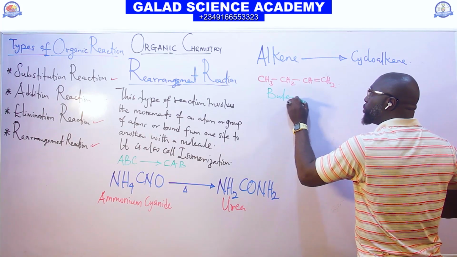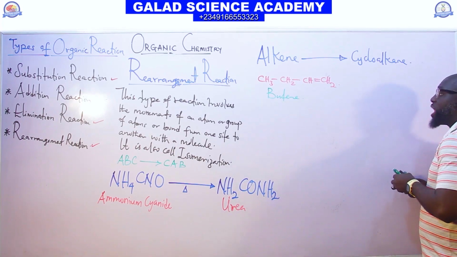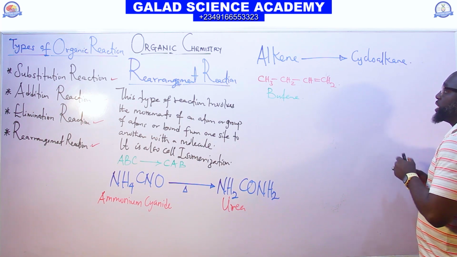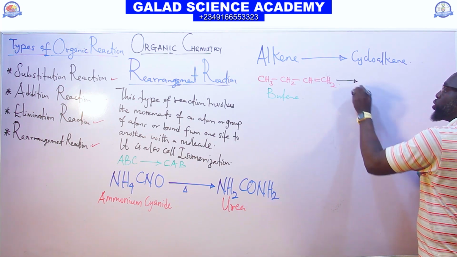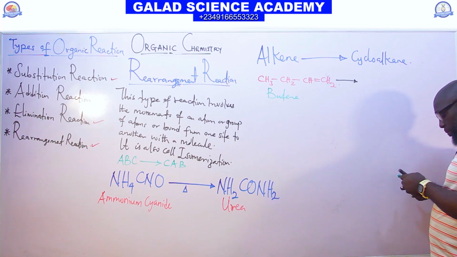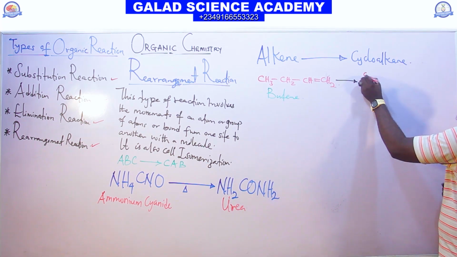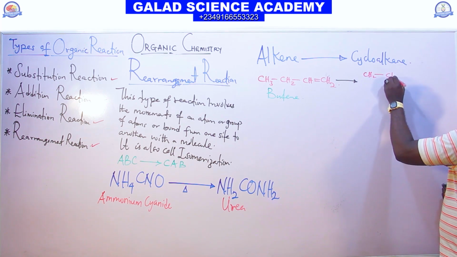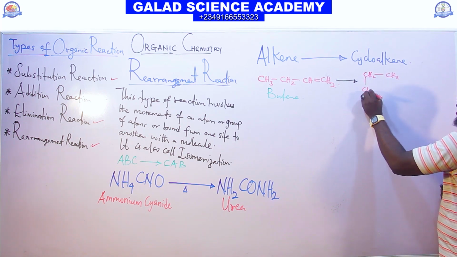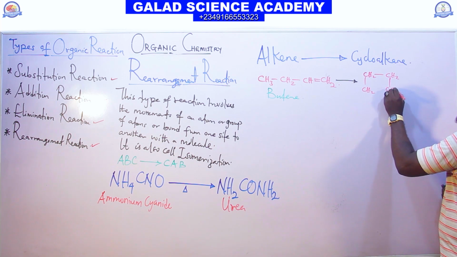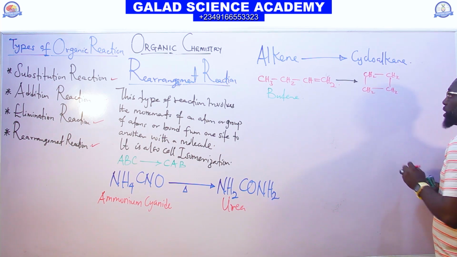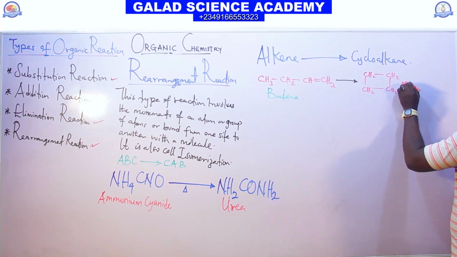So if I now convert this butene to CH2, CH2, another CH2, CH2, this can also be in this form.